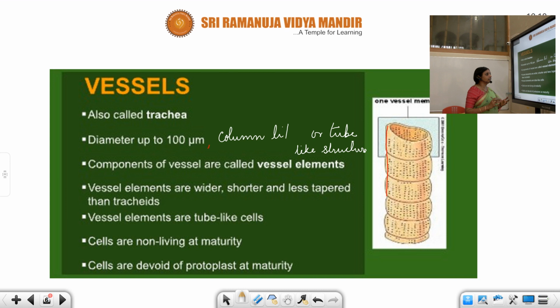They are attached to one another, and there is an opening towards the end walls, the upper walls. There is no septa, or if septa is there, dissolution of septa happens. So completely open columns are present, attached to one another.